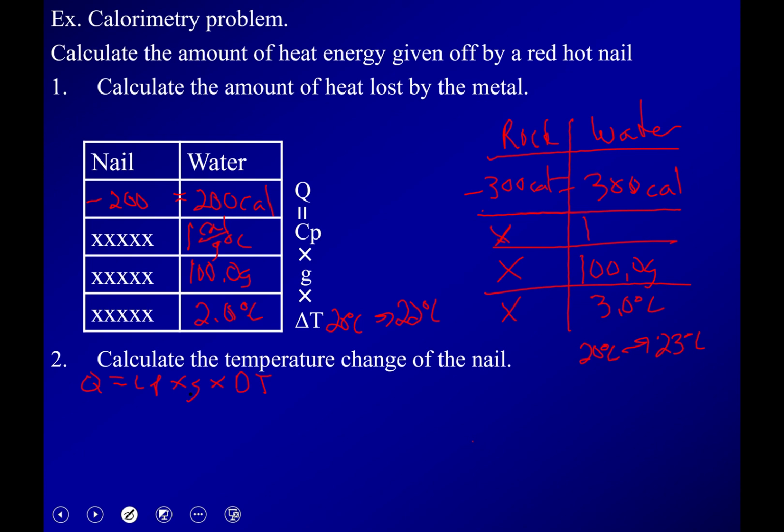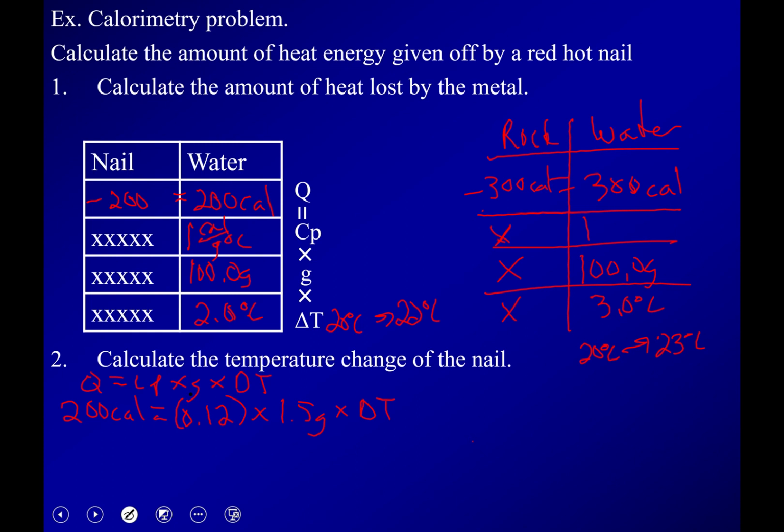And what we're going to do is use our 200 calories that were absorbed by the water to figure out how hot the nail got. Cp of iron is 0.12 calories per gram degree Celsius. And the mass of the nail, I had weighed it, was 1.5 grams.